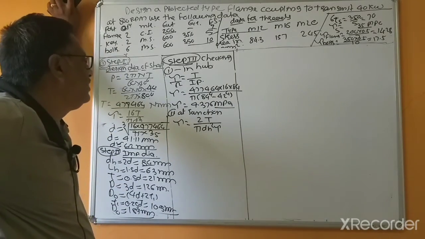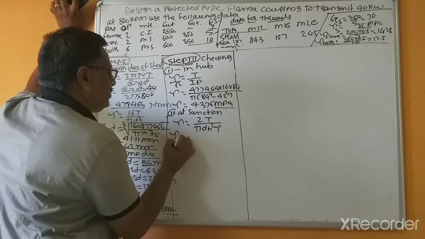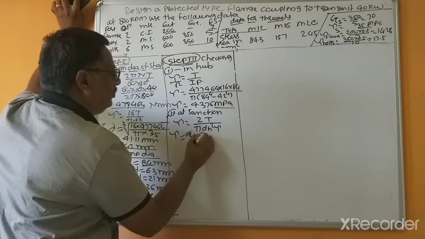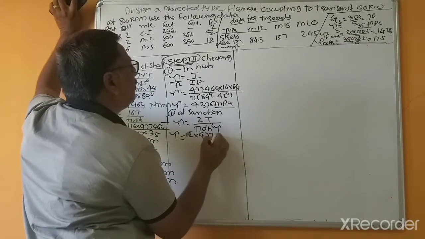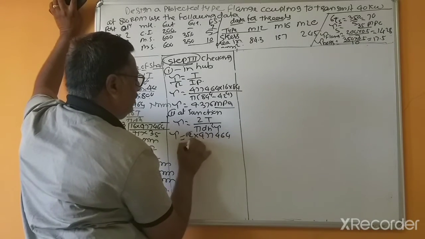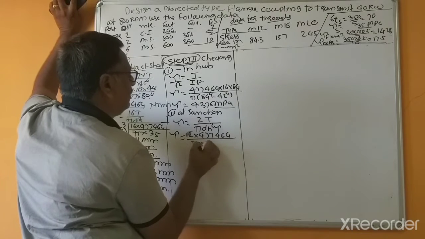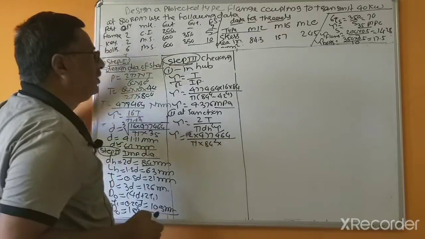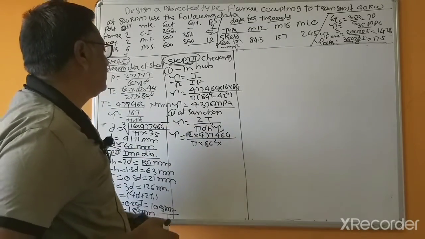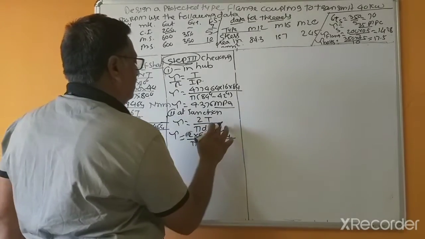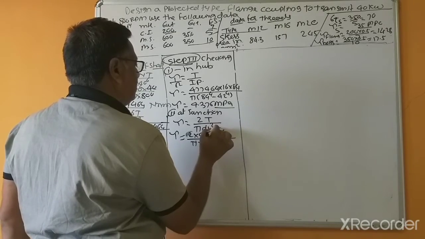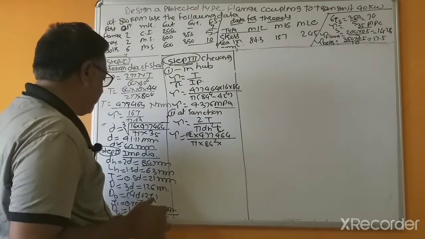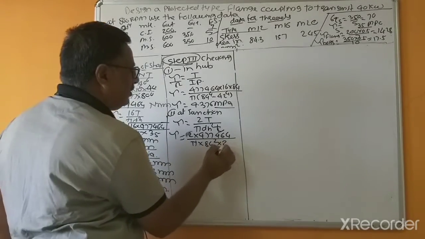At junctions, right, this is the formula, and this is 2 times 477,464 divided by pi 84 squared tau, and this tau is equal to, this is T, small t, means thickness, and this is equal to 21.